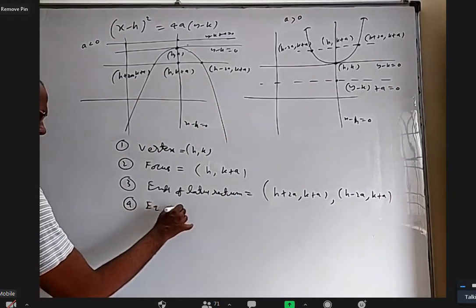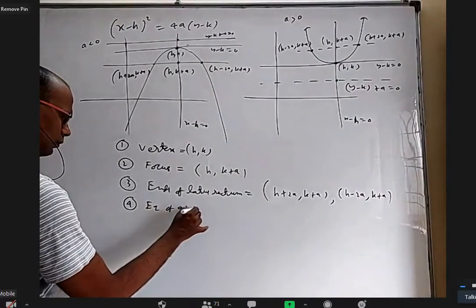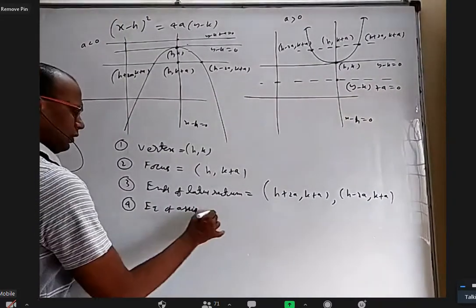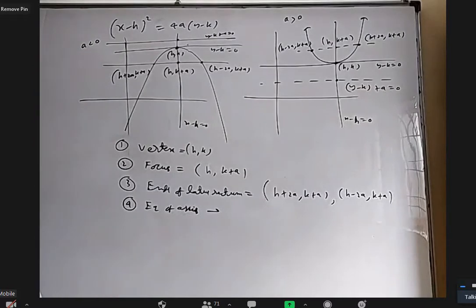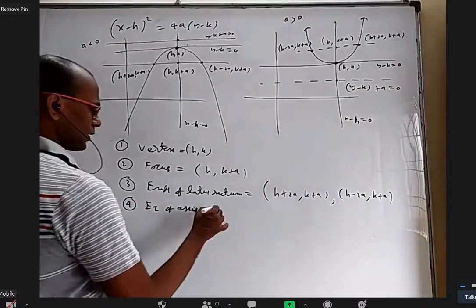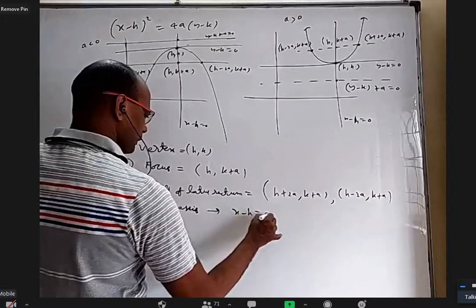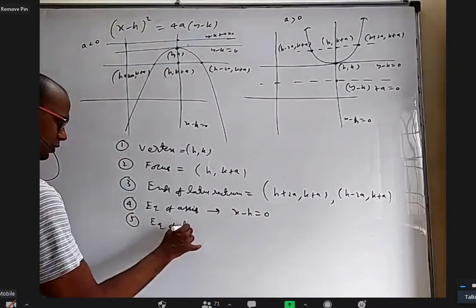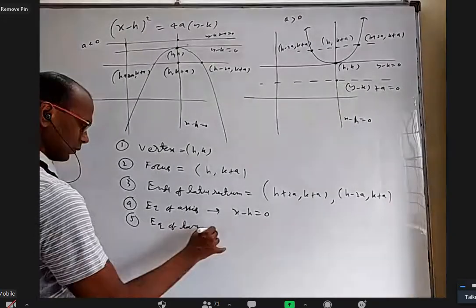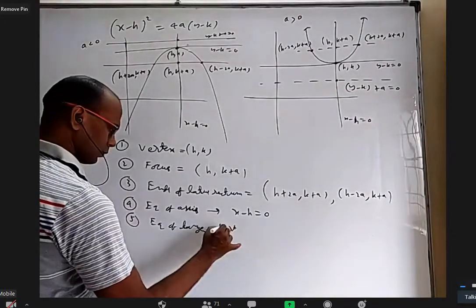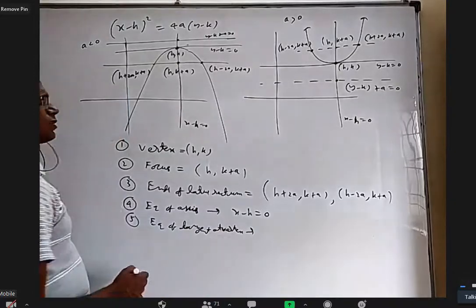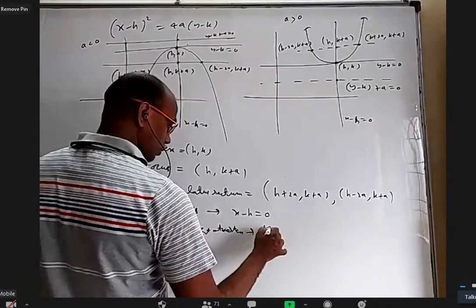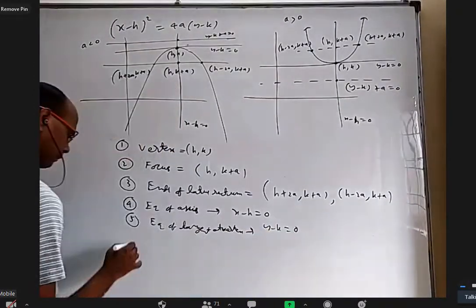Equation of axis: earlier the axis was the y axis, x equals 0; now it is x minus h equals 0. Equation of tangent at vertex: earlier the x axis, y equals 0; now y minus k equals 0.